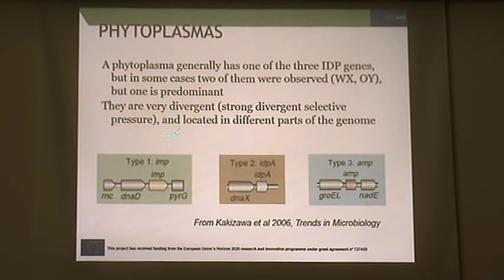And they are very divergent because they are subjected to very strong divergent positive selective pressure. And they also are located in different parts of the genome. So, for example, the IMP is between the DnaD and the PFG, the IDP is after the DnaX, and the AMP is between the groEL and the NADP gene. So you see just from here that they are different genes.